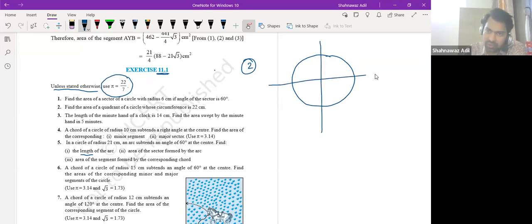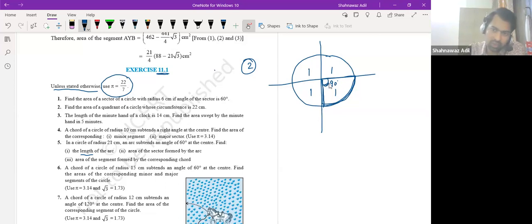When we divide the circle into 4 equal parts, each equal part is called a quadrant. So this is the quadrant, which means this angle would be 90 degrees, right?